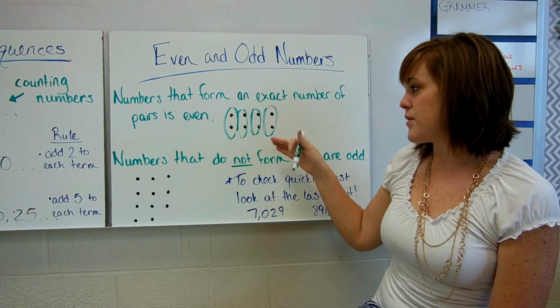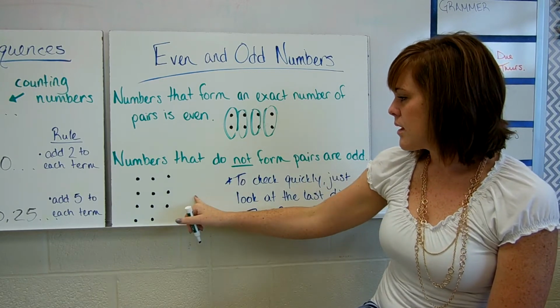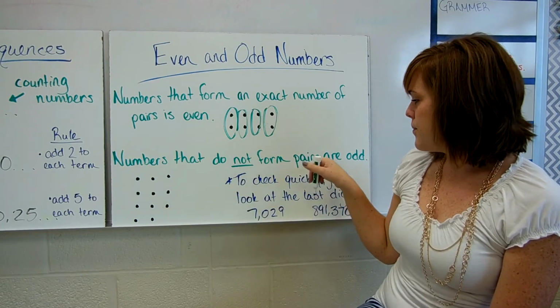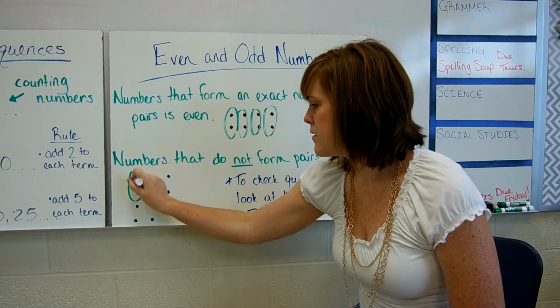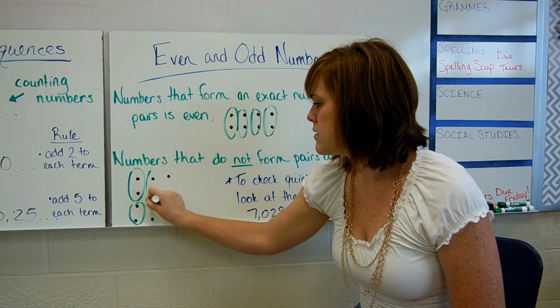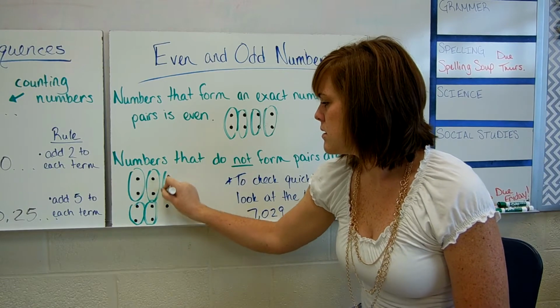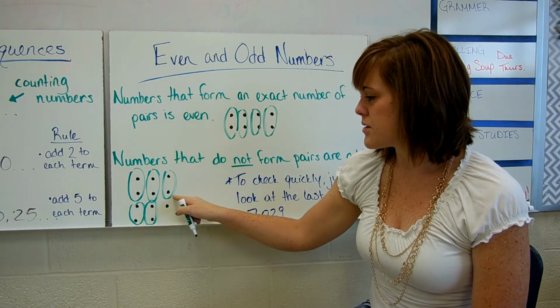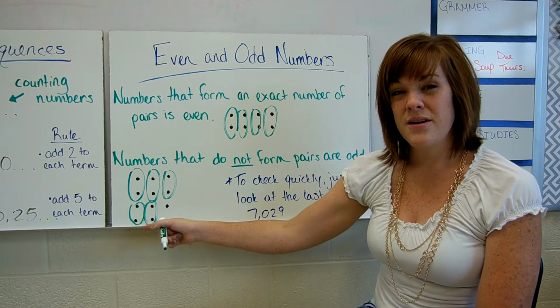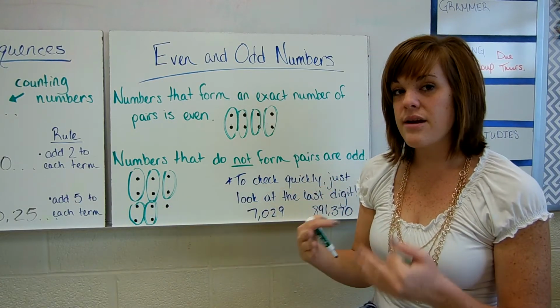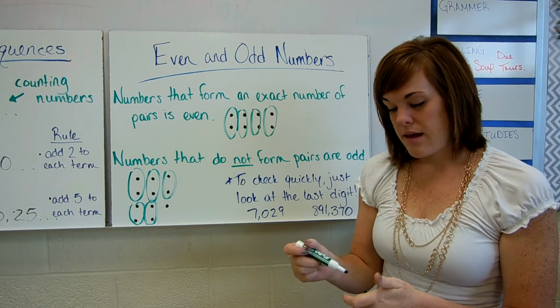So this is an even number. 8 is even. Numbers that do not form pairs are odd. So let's try to pair this one off. There's an extra, so that's 2, 4, 6, 8, 10, 11. This is the number 11, and it's odd because it cannot be divided evenly.